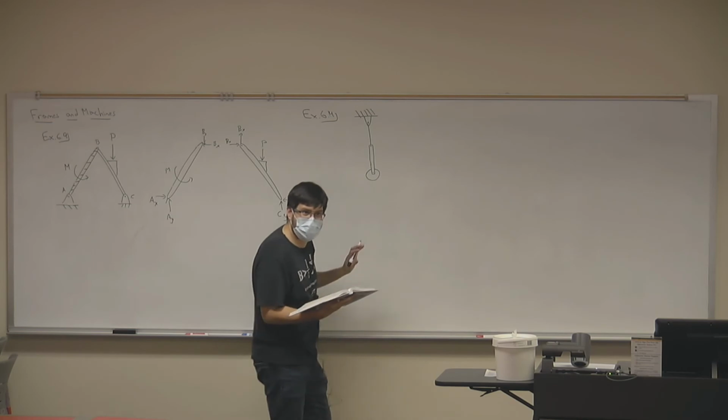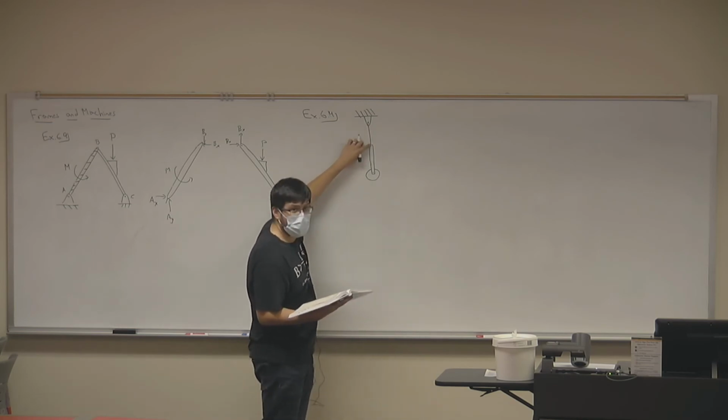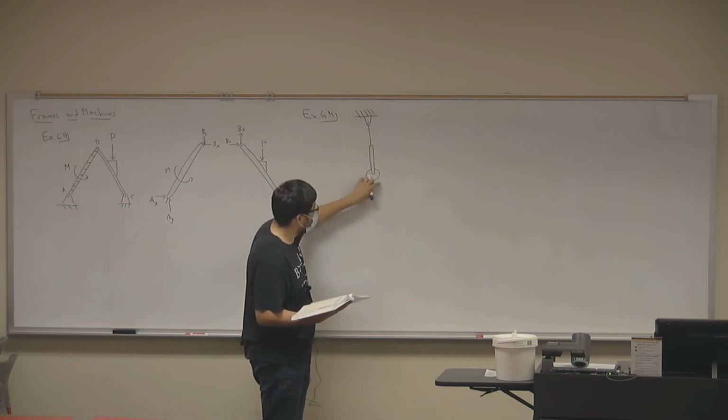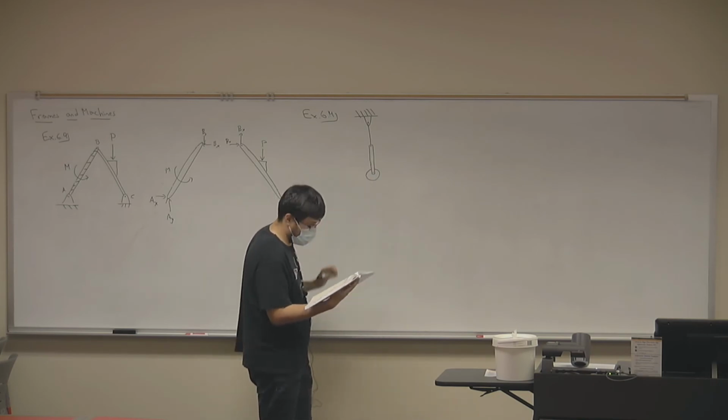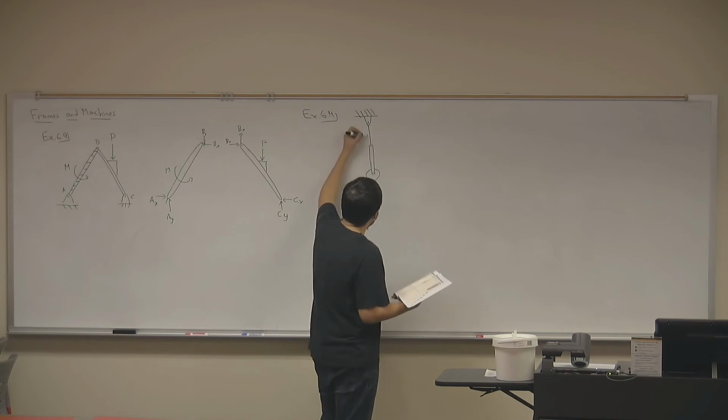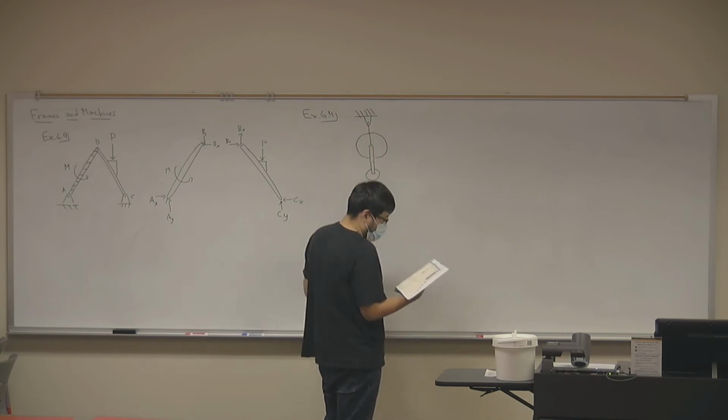Does that make sense so far? Cable, beam, pulley. You need free rotation about this point in the beam. But the other side of the beam is also connected to a pulley, a larger one, a larger wheel of a pulley.